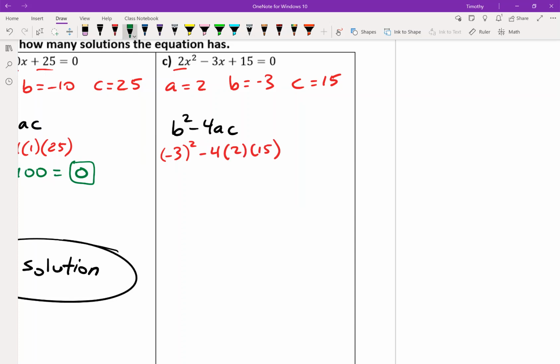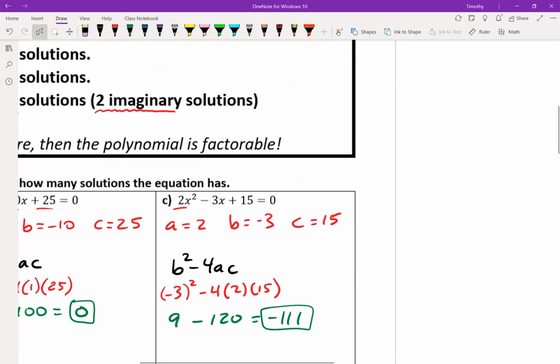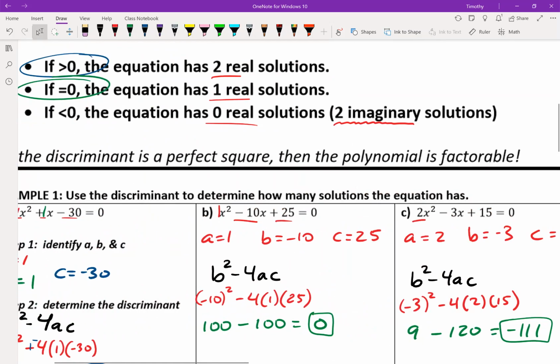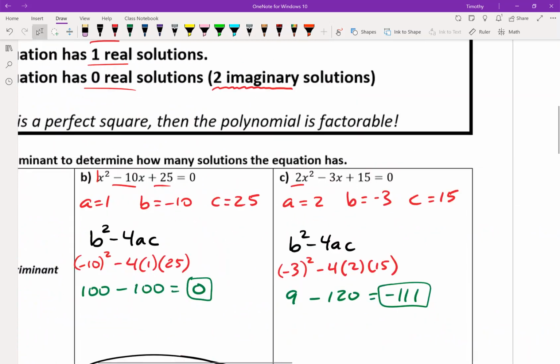So negative 3 squared is 9. Minus 4 times 2 is 8. And 8 times 15 is 120. We end up with negative 111 here. And again, from above, we know that if our discriminant is negative, less than 0, the equation has no real solutions.